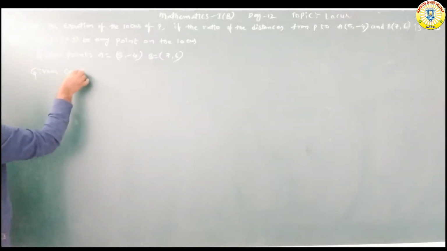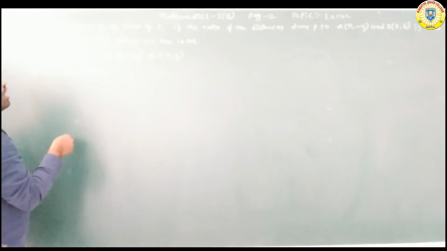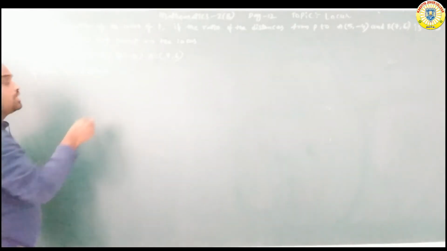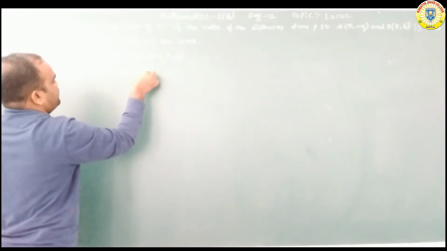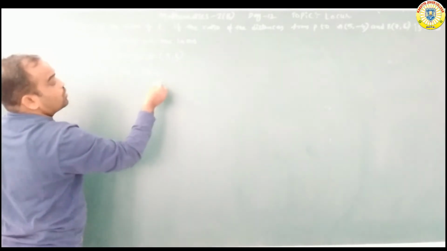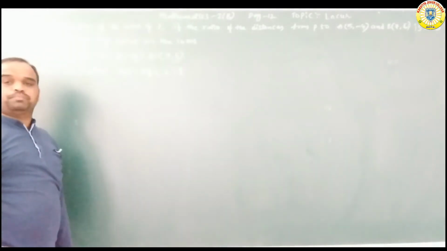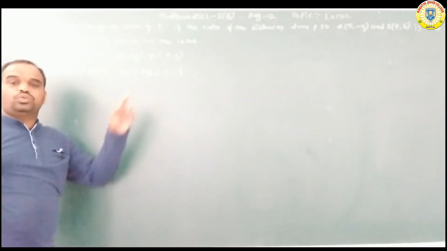What is the given condition? The ratio of the distances from P to A and B. P to A is PA and P to B is PB, which is 2 is to 3. PA is to PB is equal to 2 is to 3.